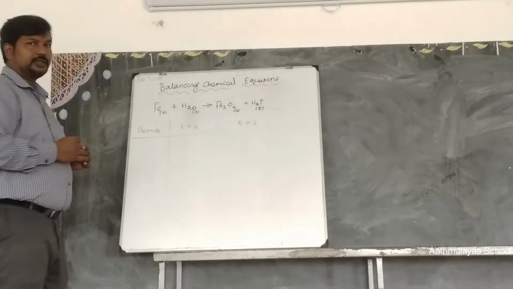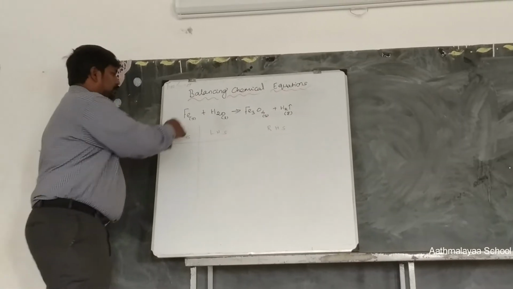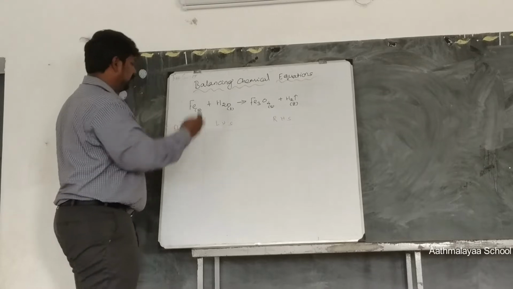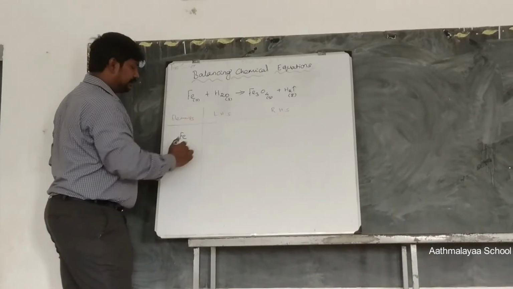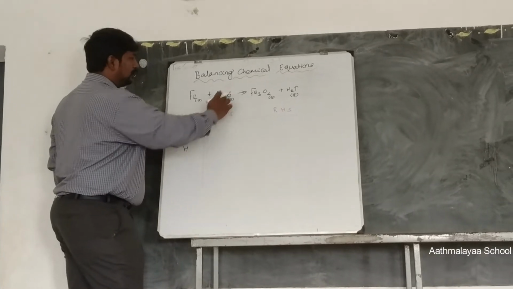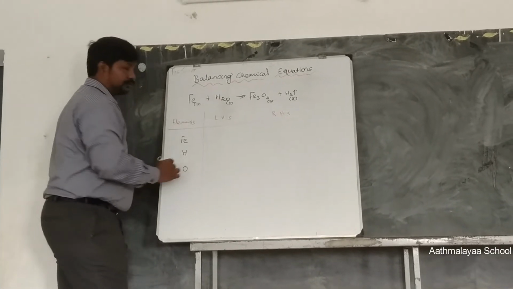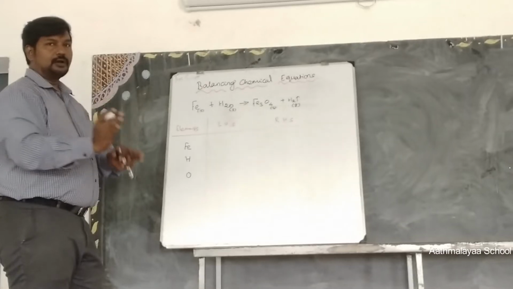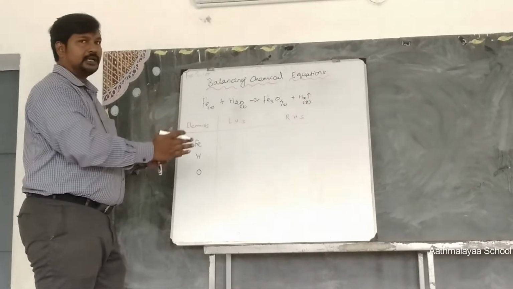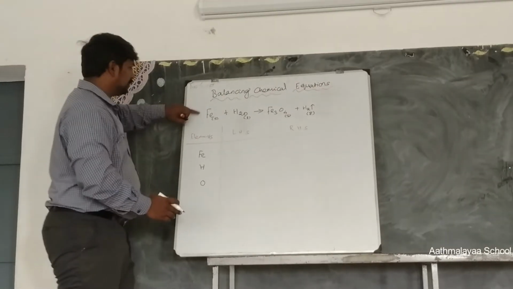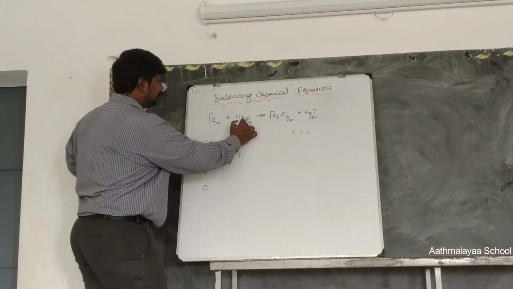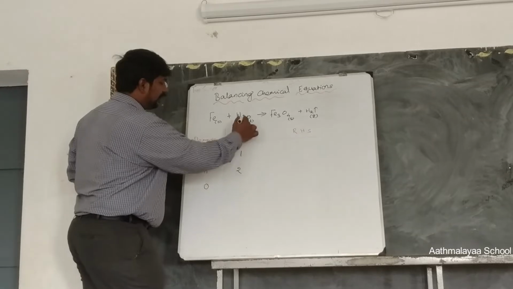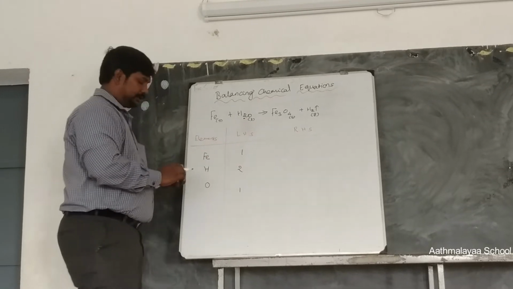Can you list out what elements are present here? First is iron, then hydrogen, and then oxygen. Only 3 elements are there, right? Now we have to count the number of atoms present in the LHS and RHS. In the left hand side, 1 iron, 2 hydrogen, and 1 oxygen, right?